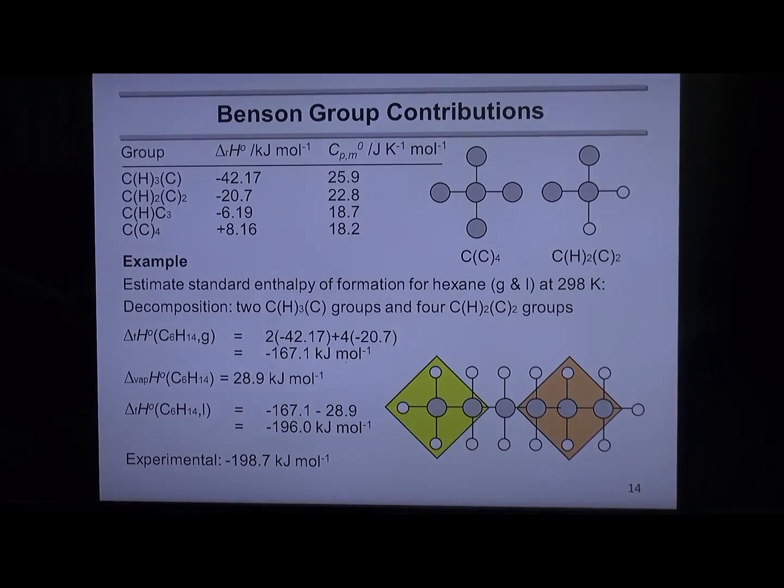Then, if you want to calculate the standard enthalpy of formation for hexane in the liquid state, you need to know the standard enthalpy of vaporization for hexane, which is 28.9 kilojoules per mole. Then, by simply subtracting these two, you get minus 196 kilojoules per mole as the standard enthalpy of formation for liquid hexane. And interestingly, it's quite close to the experimental value.